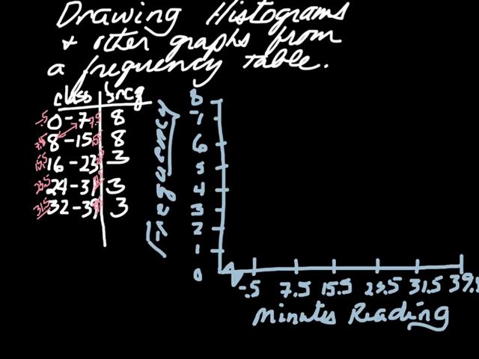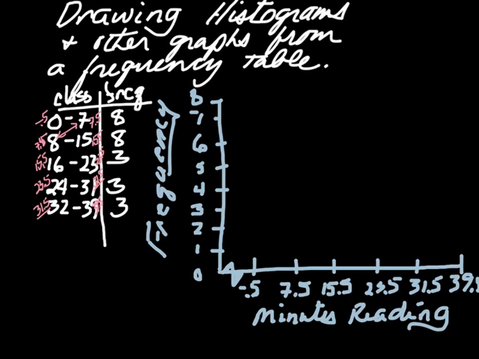And then on the x-axis you want to list your classes, and you want to do that by listing all the class boundaries all the way through. Start with the lowest class boundary and then list all the way through the highest upper class boundary. And then each bar is between 2 boundaries. I'll show you how that's done.